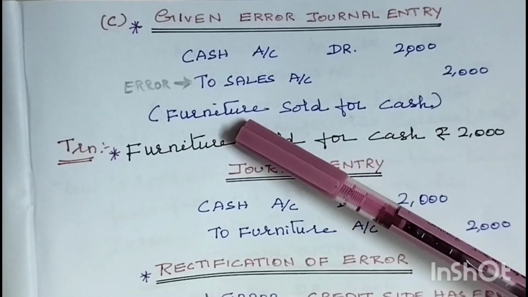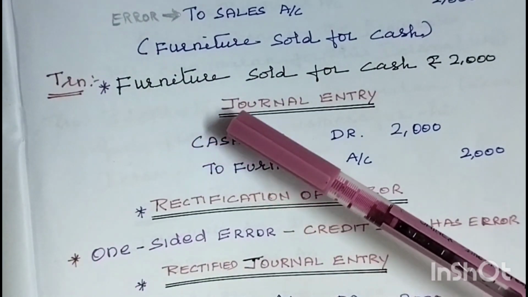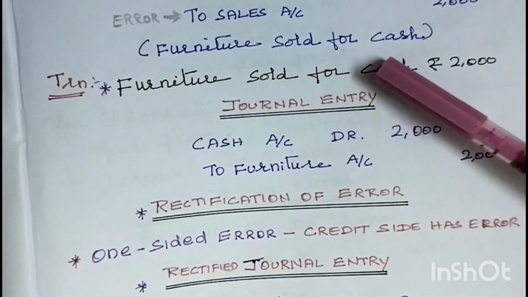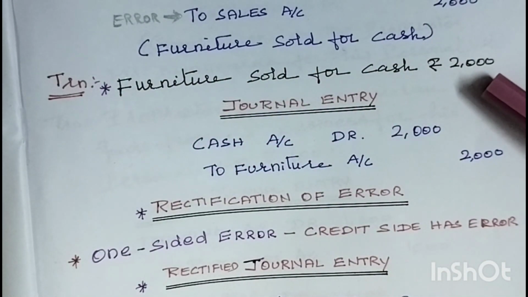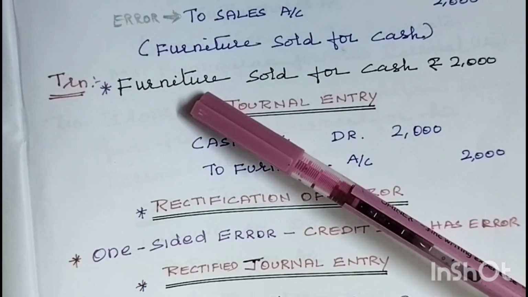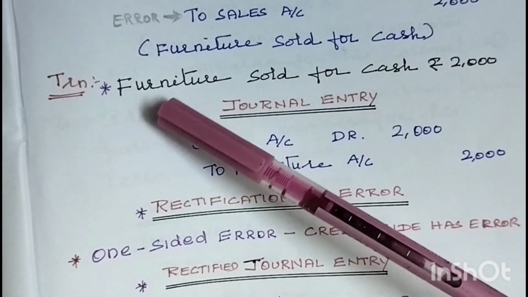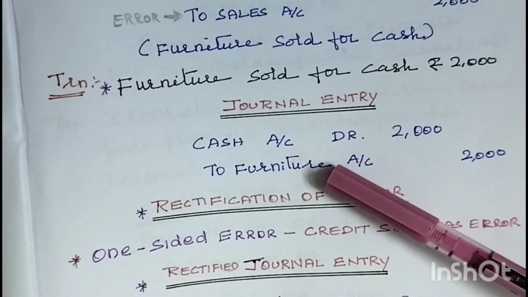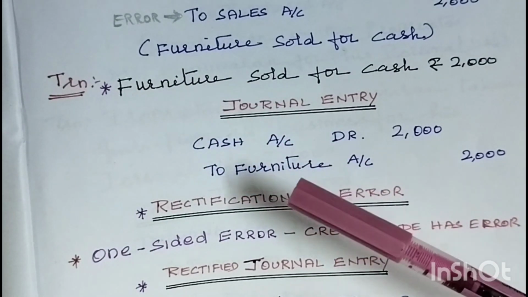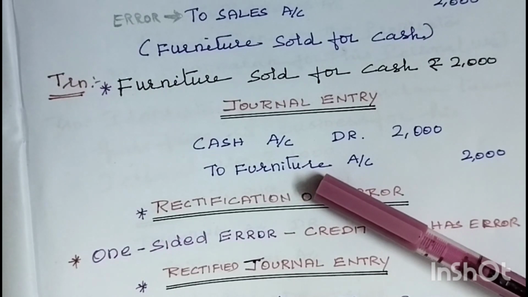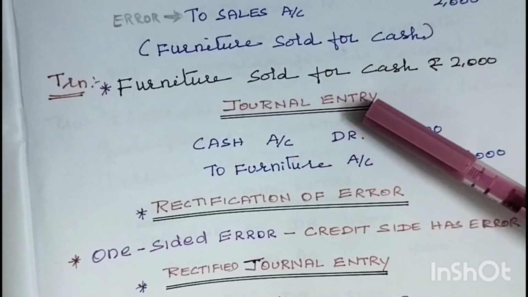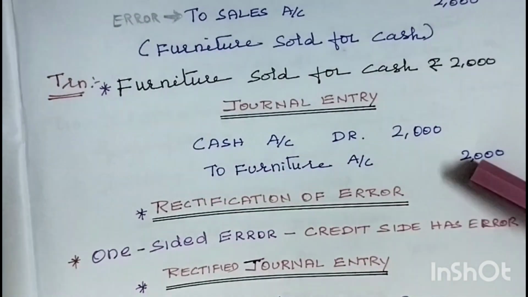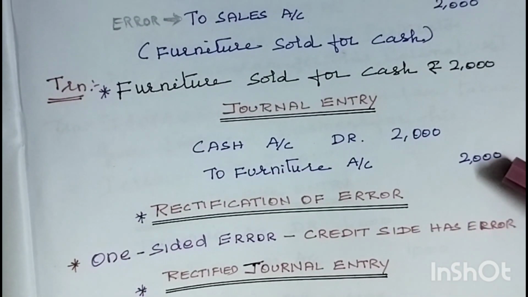So the correct journal entry is cash account debtor 2,000 rupees to furniture account 2,000 rupees.